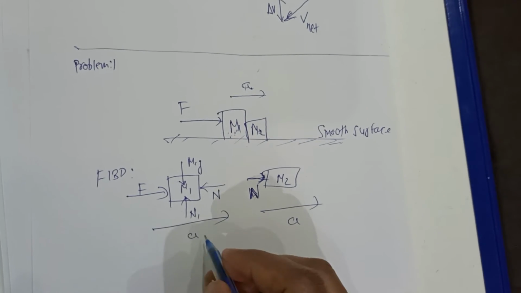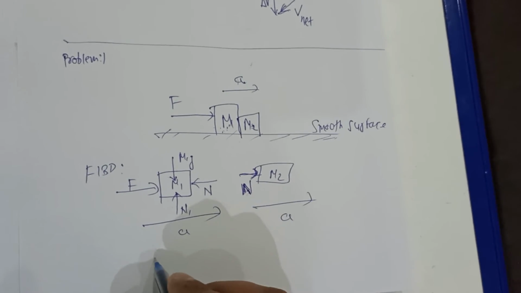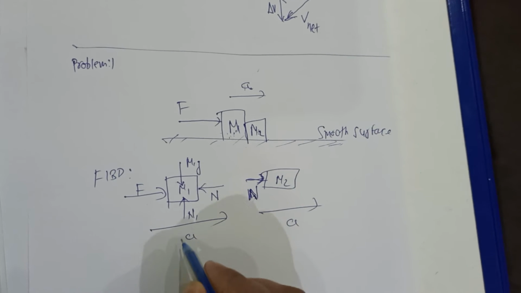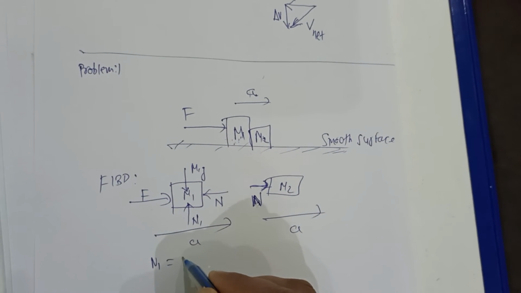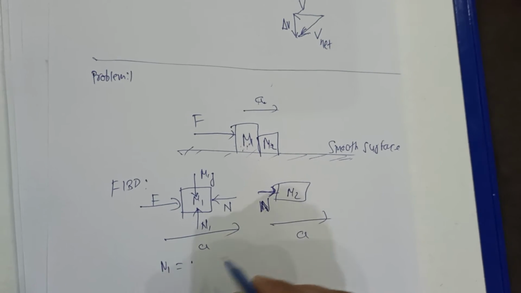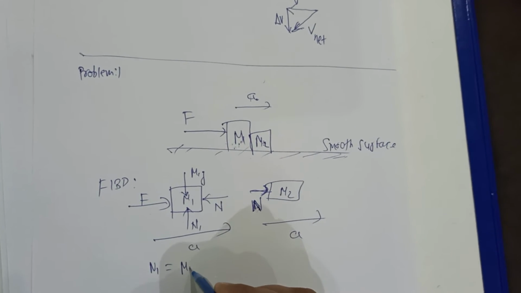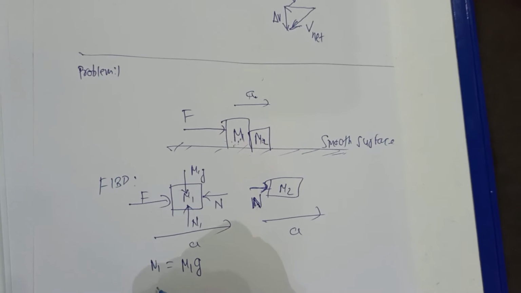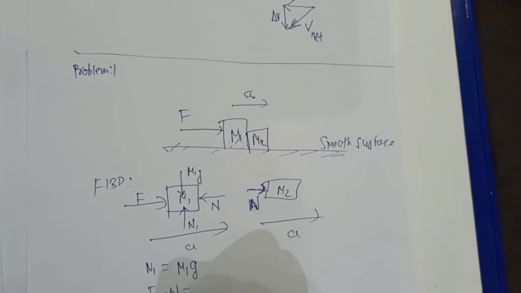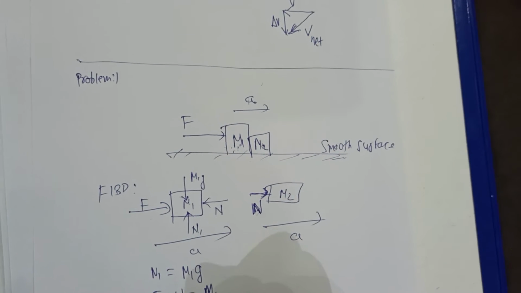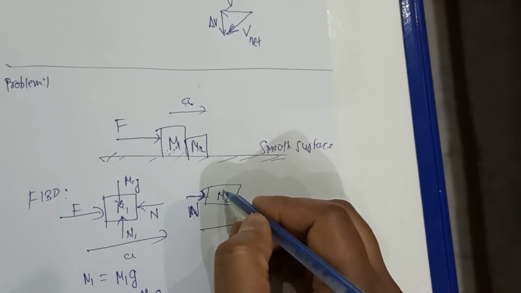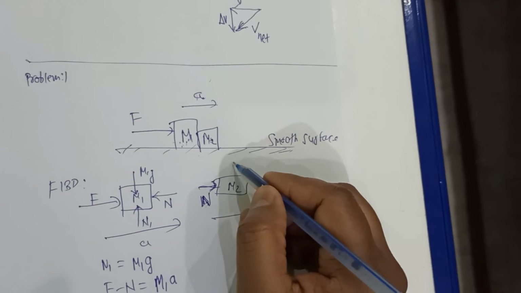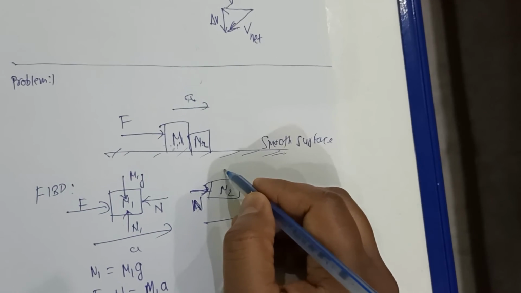Now we want to find the acceleration of these two blocks. So for vertical direction, we see that N1 is m1g, and F minus N is equal to m1a. And here I forgot to mention the two vertical forces on m2. What are the vertical forces acting on it?